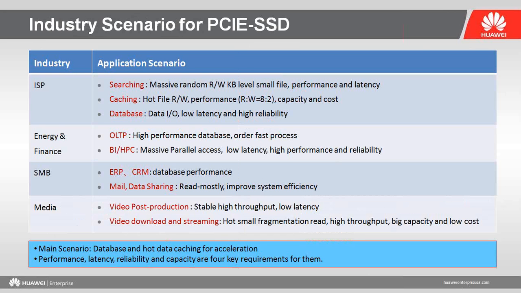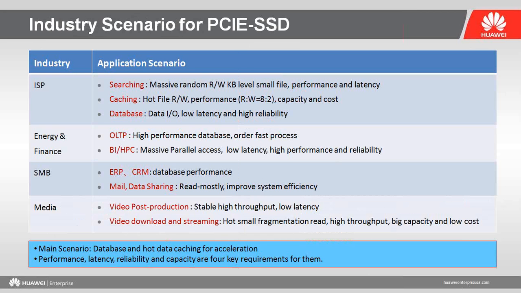Database performance, improving read on mail and collaboration systems. And then on the media side of things, you're looking at video. You need that stable high throughput and low latency, and obviously downloading and streaming information. Again, the more you can take latency out of the equation, the better experience the end user is going to get.